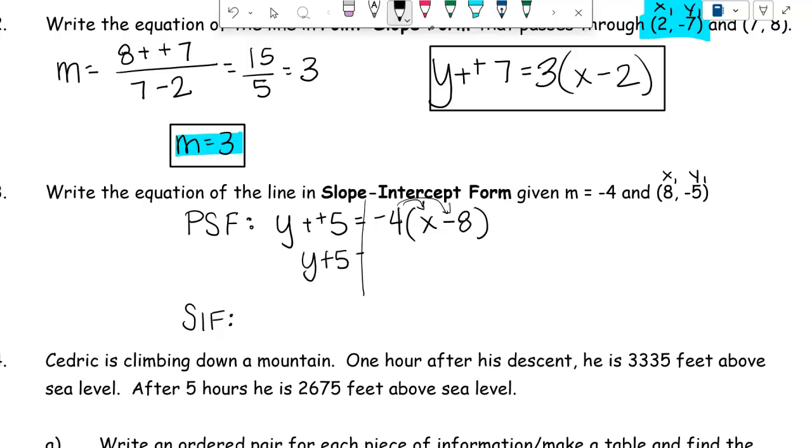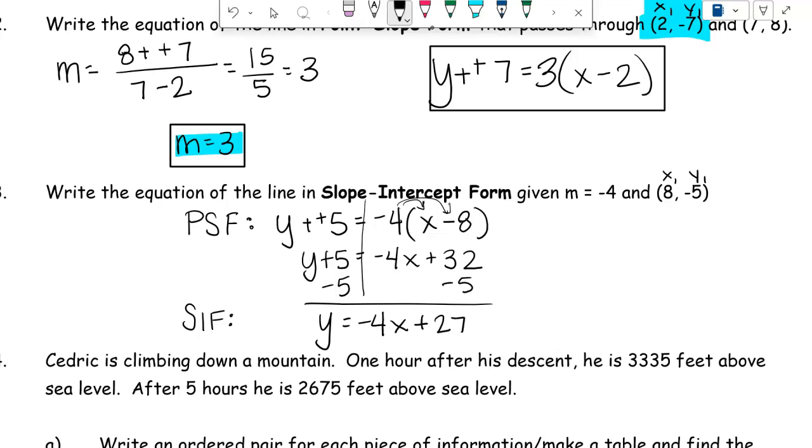We have y plus 5 equals negative 4x plus 32. We have to subtract 5 to get our y alone. So we have y equals negative 4x plus 27. This is our equation in slope-intercept form.